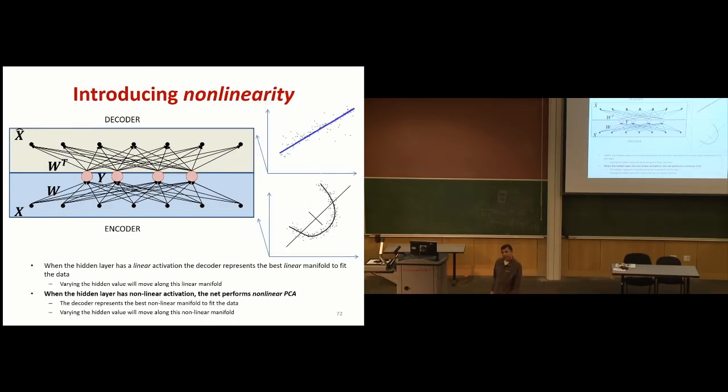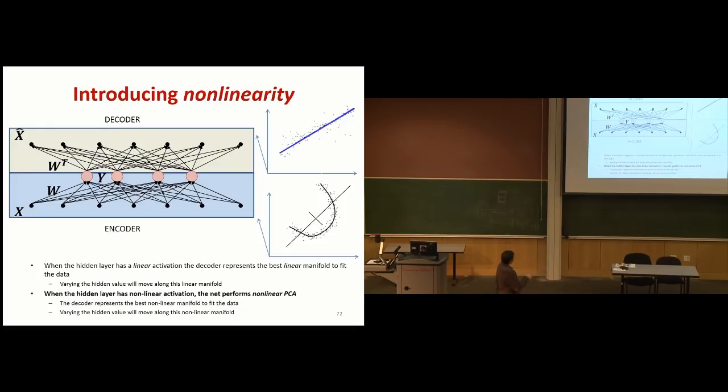What if my neurons have nonlinear activations? We've been speaking of linear activations. I suddenly went from linear activations to nonlinear activations. What happens in this case? When the hidden layer has nonlinear activation, instead of trying to find the principal plane or the principal line on which most of the energy lies, it's now going to find a principal manifold, which is some kind of a curved surface.